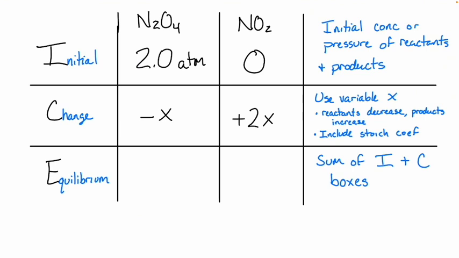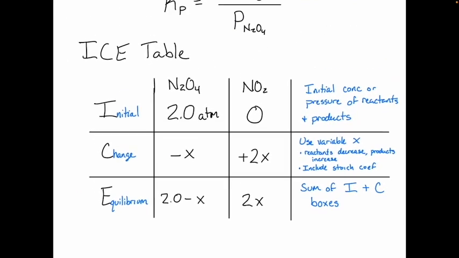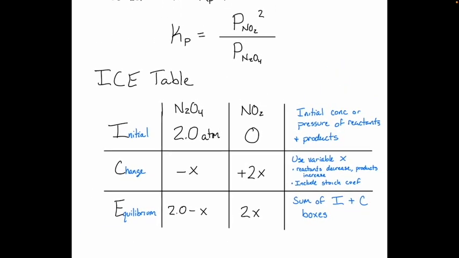So in that first column there, I'm going to have 2.0 minus x. And in my second column, I'm going to have 0 plus 2x, which is just 2x. So importantly, these are the pressures at equilibrium here.